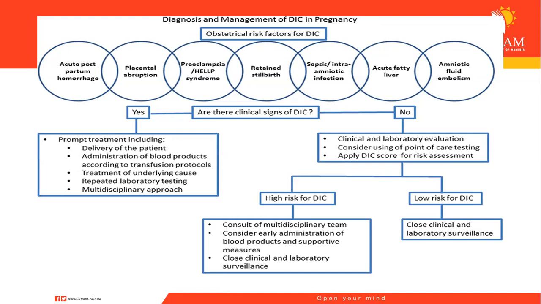But if there are clinical signs of DIC, prompt treatment will include delivery of the patient as fast as possible. You want to give blood products according to your transfusion protocols. You want to look for the underlying cause and treat it. Like I mentioned before, you want to engage in repeated laboratory testing and monitoring. A multidisciplinary approach cannot be overemphasized in this group of patients.